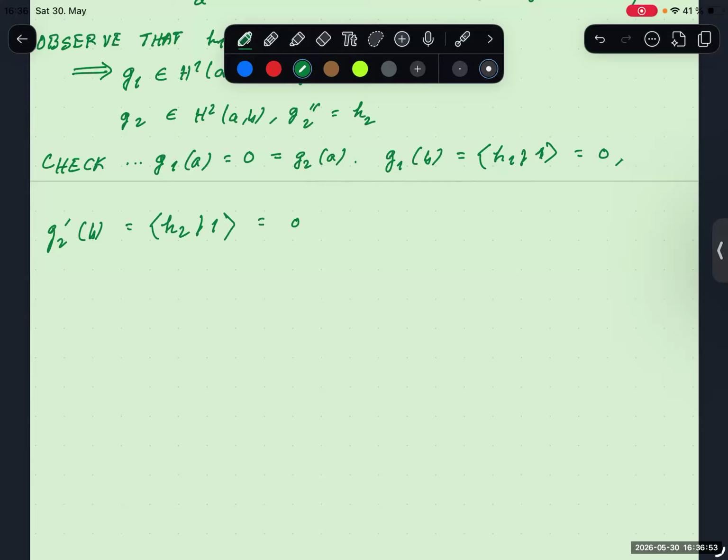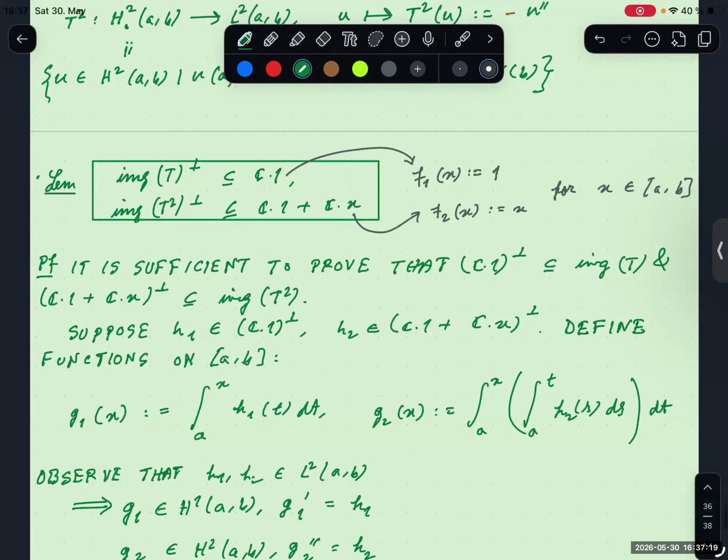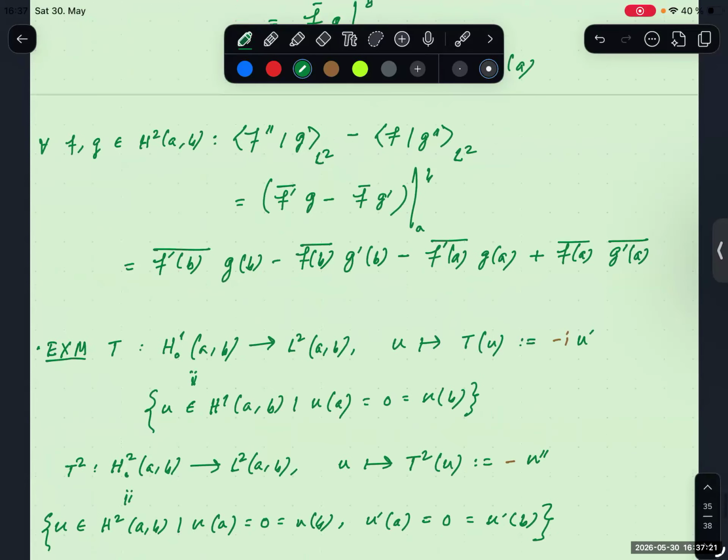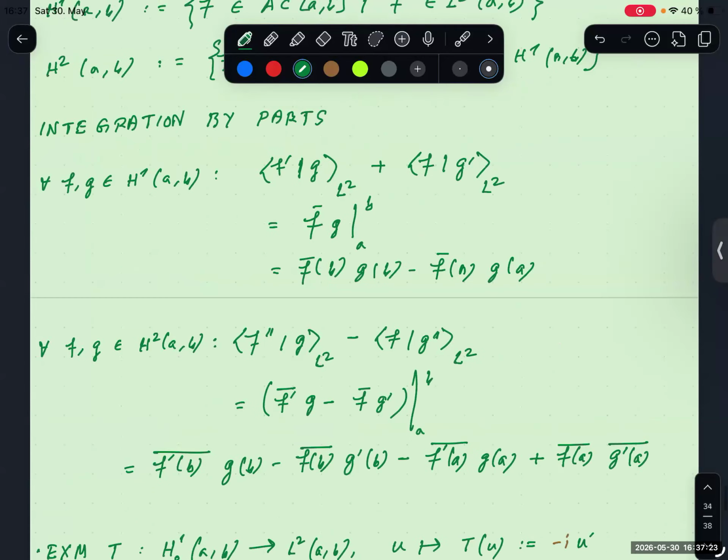So what we have is g2 prime of x, and now if I write from a to b, this equals 0. Now come back to your question, why we are interested in integration by parts. Look at these formulas. Here, maybe we box them because these are useful.